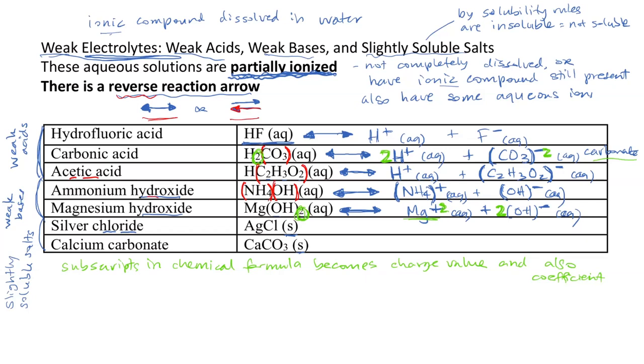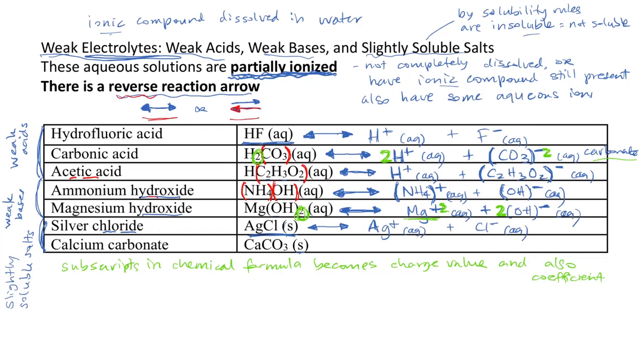For silver chloride and calcium carbonate, remember they are insoluble, and that's why it has an S. But it also means you will have some amount of these ions. You'll have this whole compound mostly, but you'll also have a little bit of the ions coming off, which are Ag+ and Cl minus. There's no polyatomic in that one.